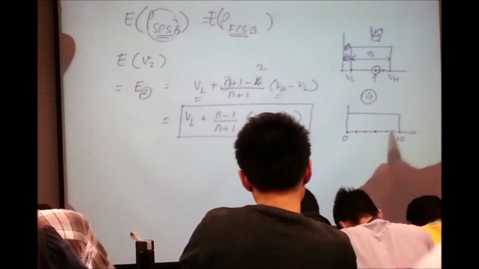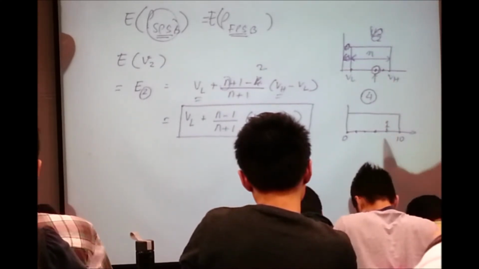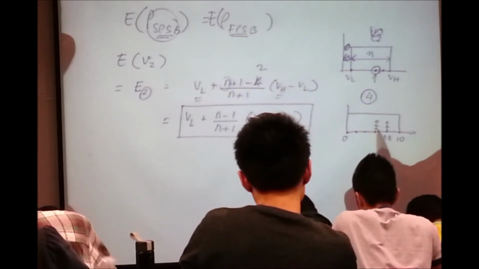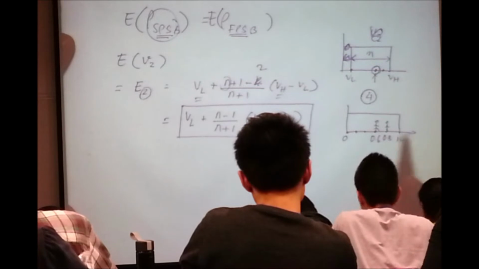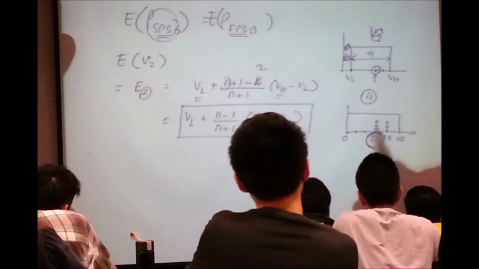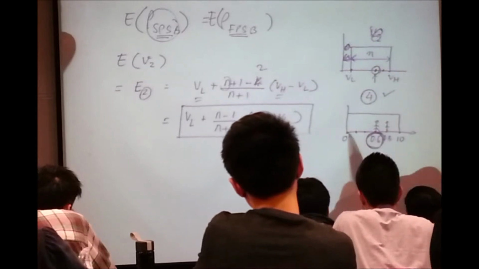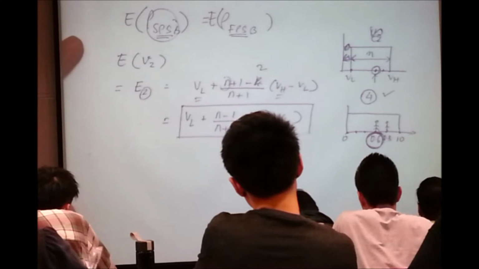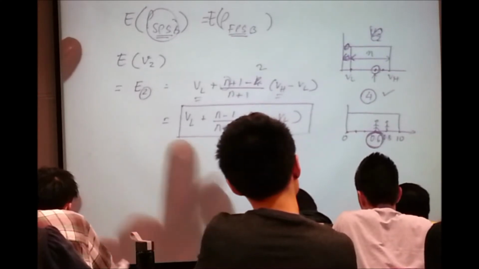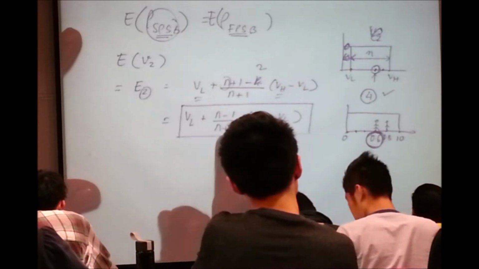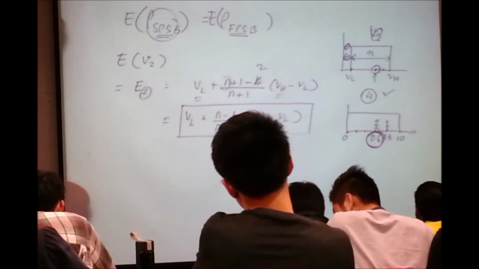The expected highest valuation is here, which is 8. And the expected second highest valuation is here, which is 6. Therefore, on average, if I conducted a second price auction with 4 bidders uniformly distributed between 0 and 10, I'll get 6. Just substitute the values for 0 and 10 and N equal to 4 into the formula, and you will get the same result, 6.